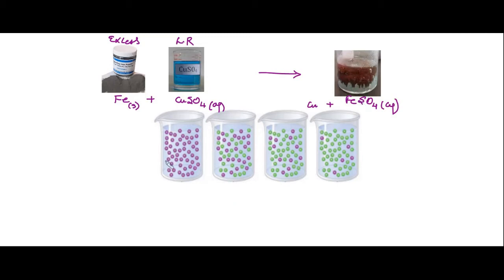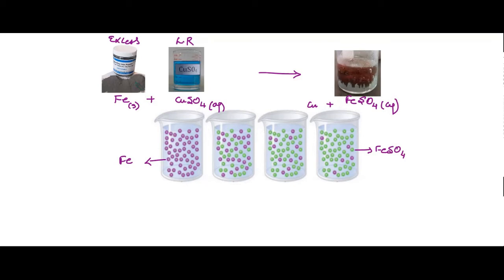Assume that the violet spheres here indicate iron and the green spheres indicate FeSO4. As is clear in the diagram itself, there are a few violet particles even towards the end because, as I stated before, we have an excess of iron, meaning the complete iron particles will not be consumed in the reaction.